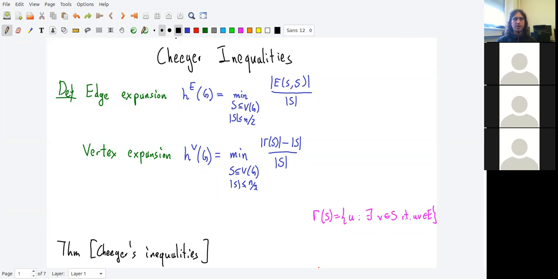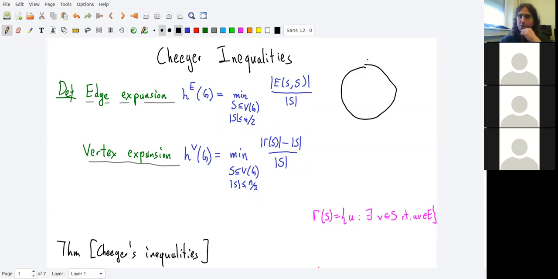So we were looking at two values of an expansion of a graph: edge expansion and vertex expansion. Yeah. Corresponds to vertex connectivity and edge connectivity in some sense. So edge expansion is the following value.